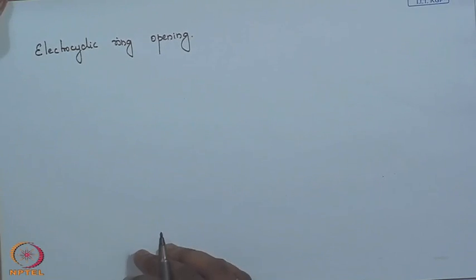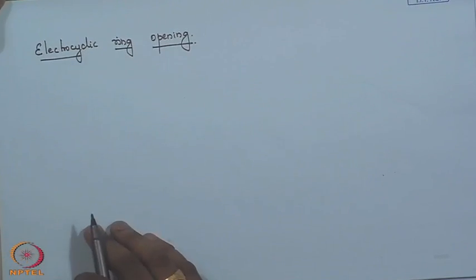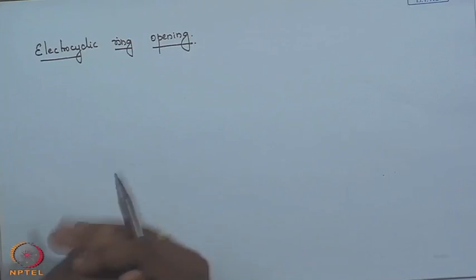See, there are many ways to understand this ring opening. What happens is that if you count with respect to your pi system, that is your 4 electron system, which I will tell in detail. The conrotation and disrotation which you applied for ring closure, for ring opening it will be just the reverse.